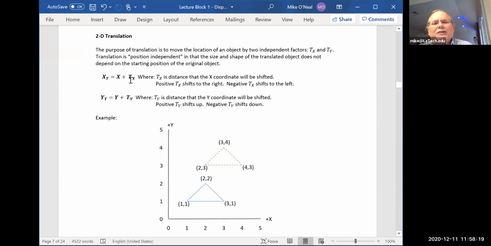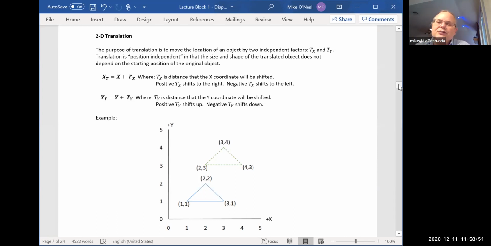A positive Tx shifts to the right, and a negative Tx shifts to the left. A positive Ty shifts up, and a negative Ty shifts down in the drawing coordinate system, in which the origin is centered in the middle of the screen.